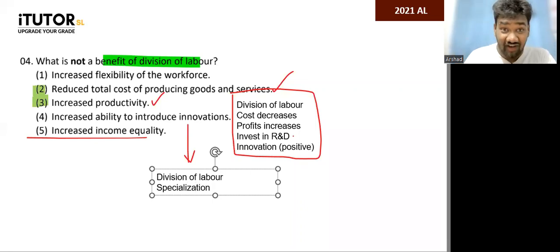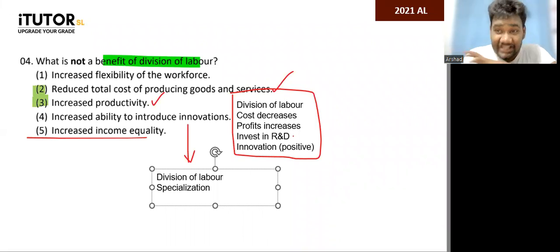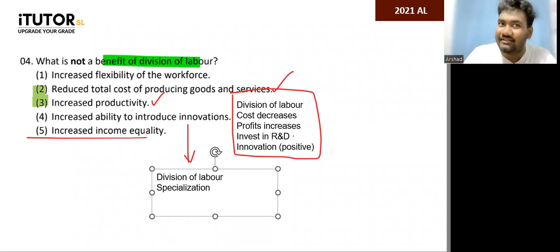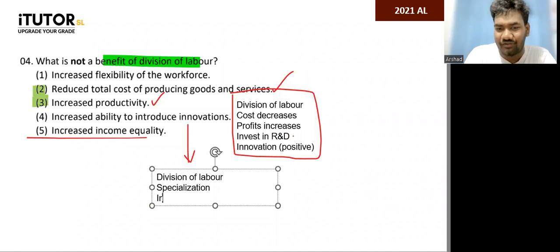Now, when one person is specialized in something, he is the expert at doing that, no? So then what happens, guys? He might now think of more ways of doing it. He might think of faster ways of getting it done. So maybe that employee himself can introduce some sort of innovation.